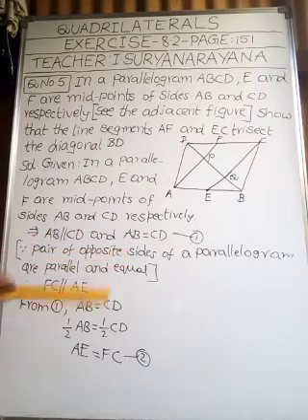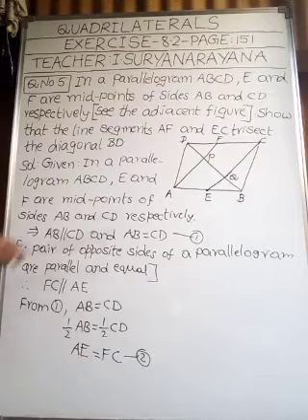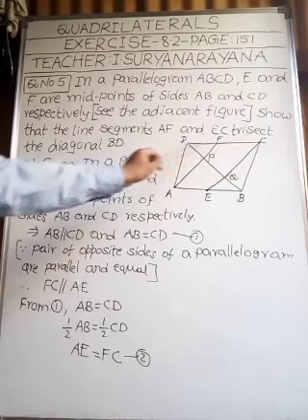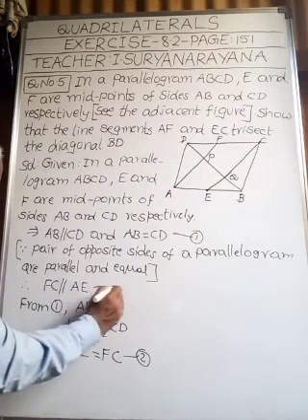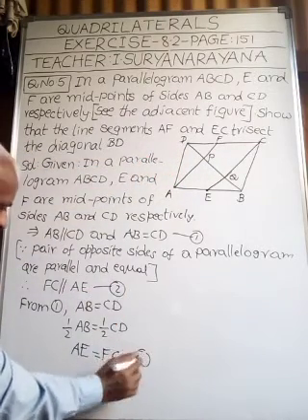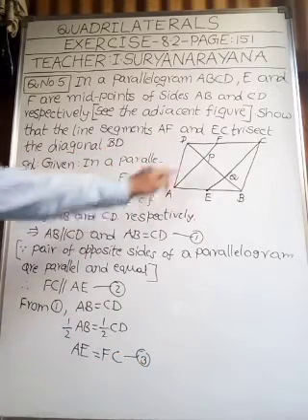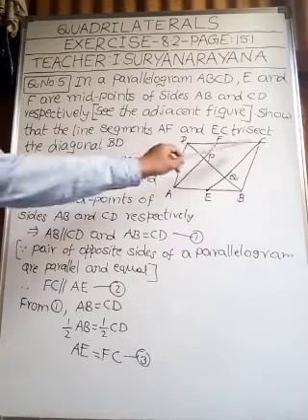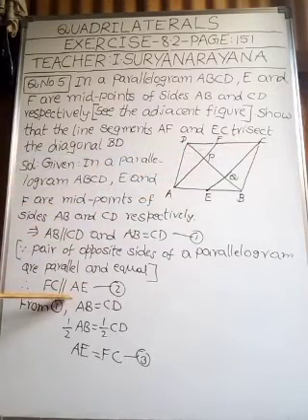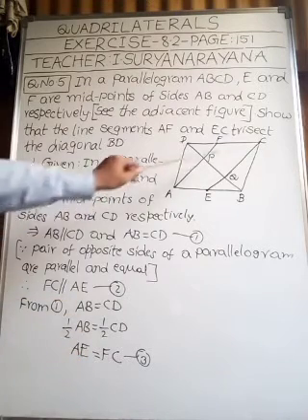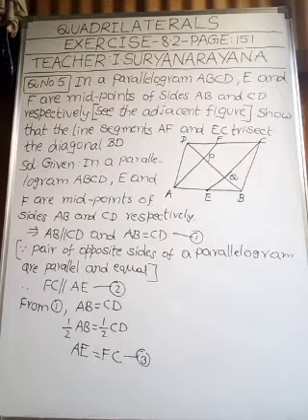From these two, see here in this quadrilateral FAEC, let us consider this is 2 and this is 3. In this quadrilateral FAEC, the pair of opposite sides are parallel and equal. Then we can say that this quadrilateral is a parallelogram. Understood this point, my children?